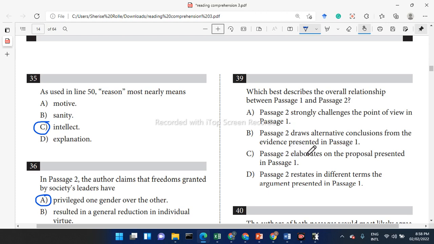C, passage 2 elaborates on the proposal presented in passage 1, or D, passage 2 restates in different terms the argument presented in passage 1? I think it's A. It's definitely A, because she strongly challenges his viewpoint. So the answer is A.